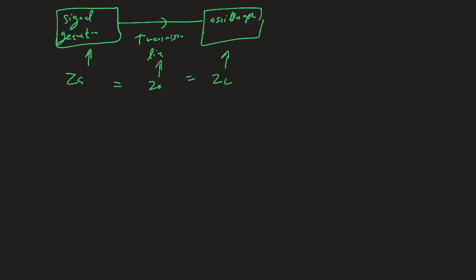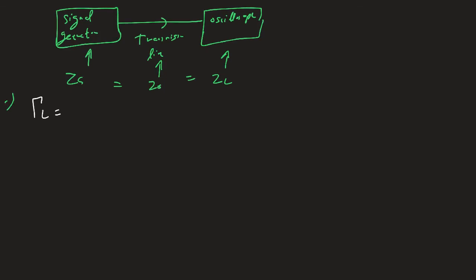If you can do that, then you will have perfect transmission between the signal generator, the transmission line, and the oscilloscope. If you can't do that, then you get some parasitic reflections, and then you can't have perfect delivery of your signal.